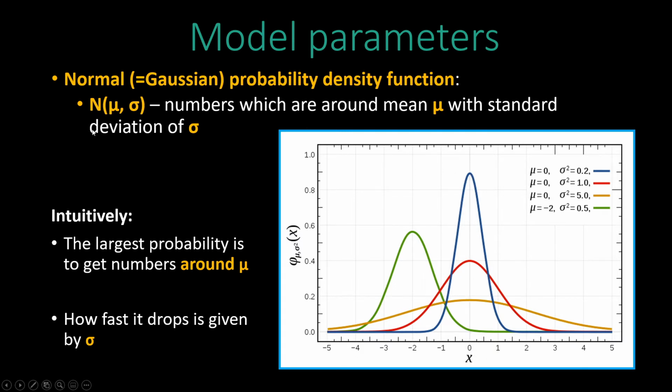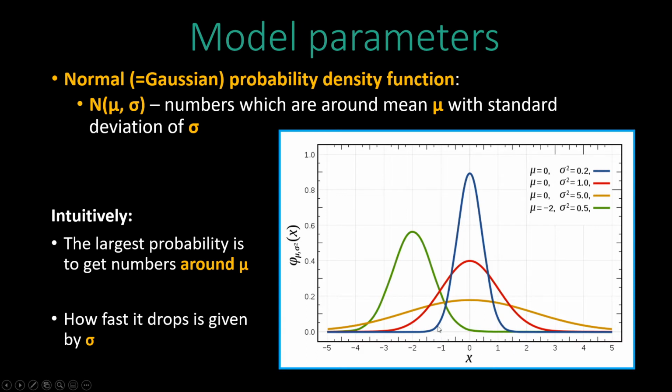And then the second number is the deviation, the standard deviation, which is telling you how wide this hill will be. If we have a low number for the standard deviation, this hill will be really sharp, and the numbers that you can generate from it will be very close to this range.